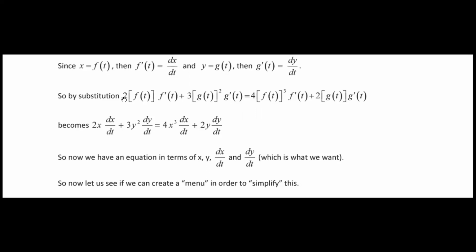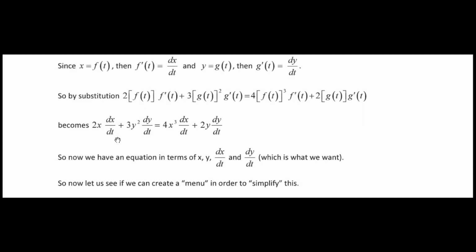So look, we have 2x dx/dt, 3y squared dy/dt, 4x cubed dx/dt, and 2y dy/dt. So that's all we've done there. But now we have what we want. We've taken our original expression, which was just x's and y's.